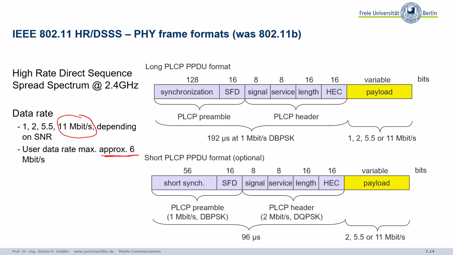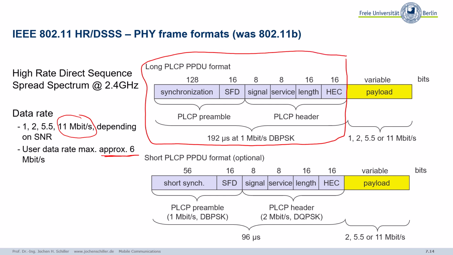But also, if you only look at the physical layer, you see there's a lot of synchronization needed, depending on the packet format, up to 192 microseconds or 96 microseconds. And for the first long version, the 192 microseconds, the system operates at only 1 megabit per second using differential binary phase shift keying.